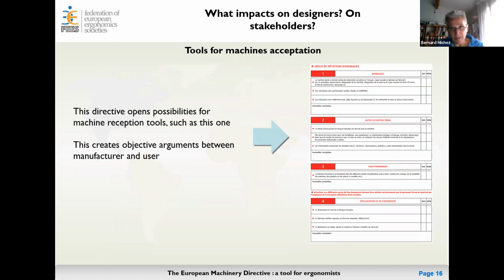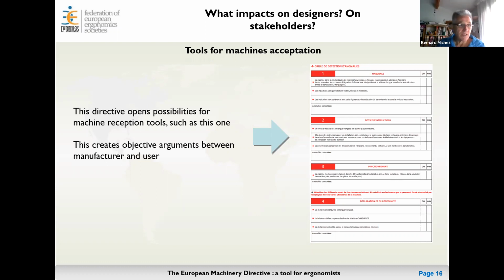The MD gives us specific tools to make the reception of machines. The sheet you can see is something quite standard by which we can make a checkup on what are the properties of the machine. Does it fit the requirements created in the MD and so on.